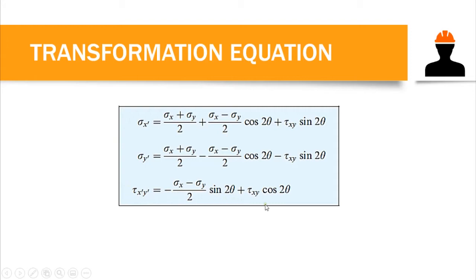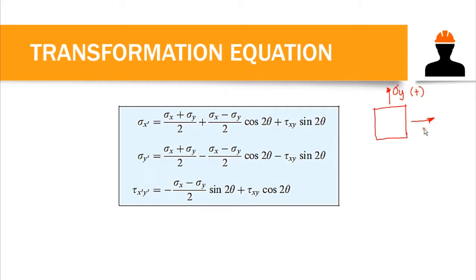Okay. Now, for our sign convention, if we have a normal stress that is acting away from the face of our stress element, let's say this one, acting up, and let's say that's our stress y, that means that is tensile, or positive.